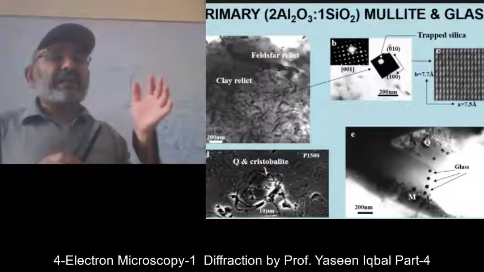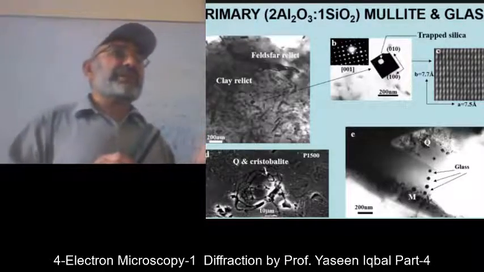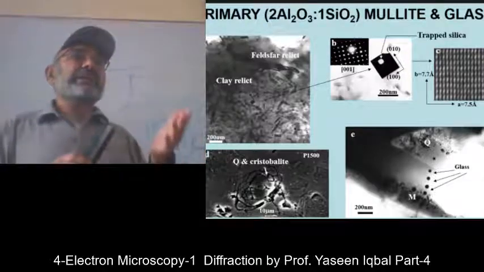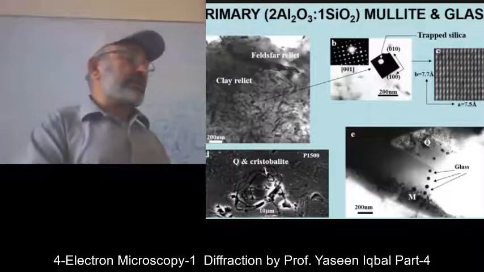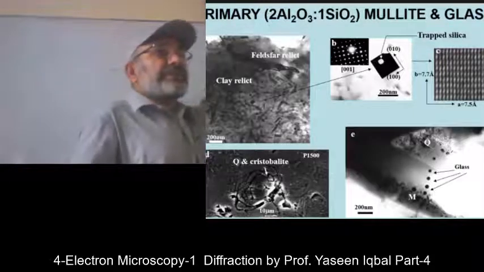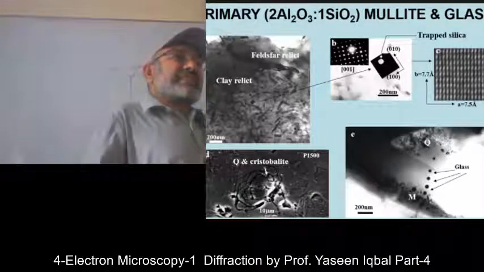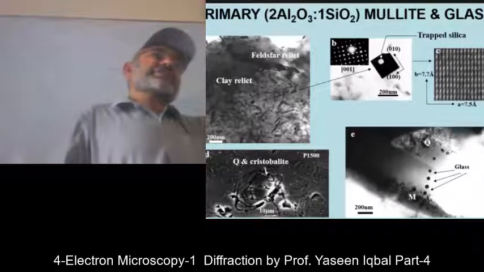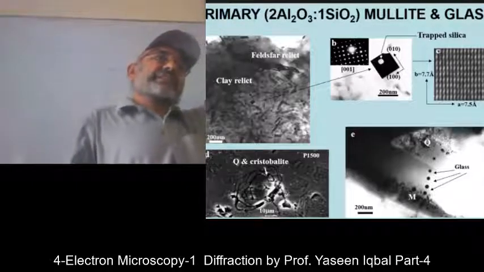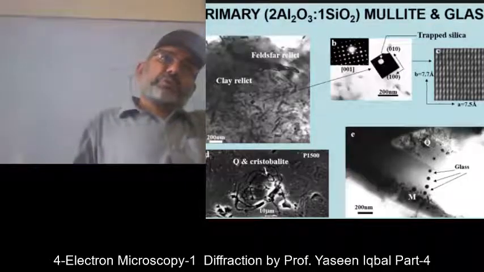But when you are talking of anisotropic properties, then obviously you are taking images along different direction, because the microscope image, if you look into this, it is not a single crystal. One crystal may be with the 001 zone axis. The other may be with 100 zone axis.